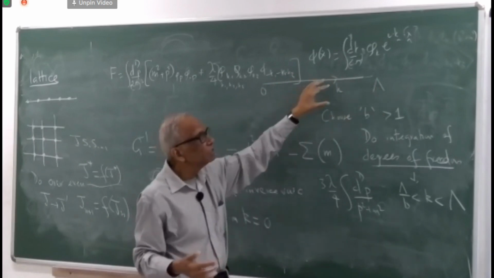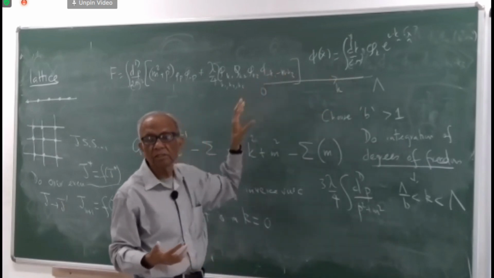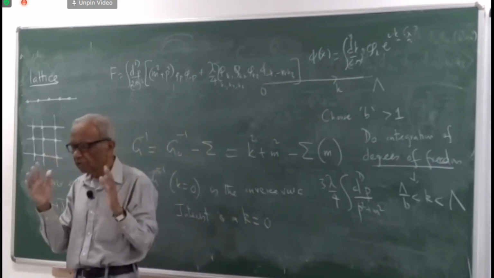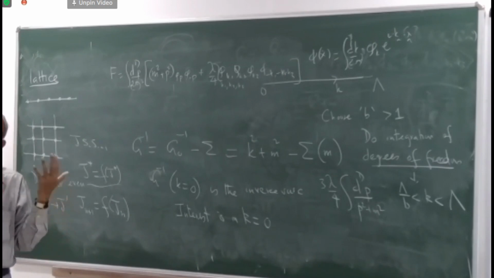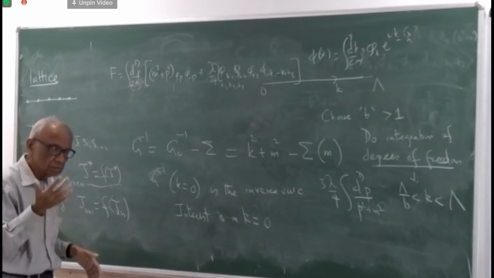We will get rid of the degrees of freedom over here and ask what is going on in this end. The procedure and the philosophy remain the same. You are just asking about the range on which you are going to focus, which is different. Good. So, all right, we'll pick up from here.